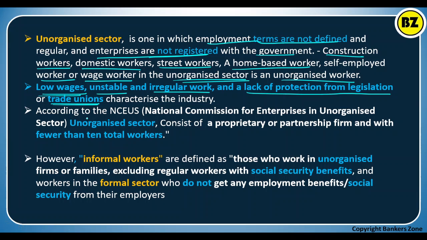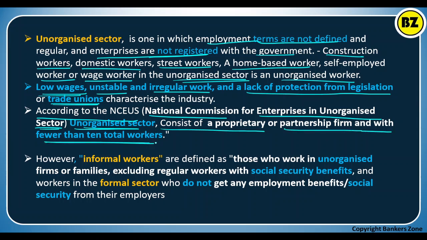Now according to the NCEUS, the National Commission for Enterprises in the Unorganized Sector, the unorganized sector consists of proprietary and partnership firms with fewer than 10 total workers. Means if you have a partnership or proprietary firm with fewer than 10 workers, then those workers are counted in the unorganized sector.